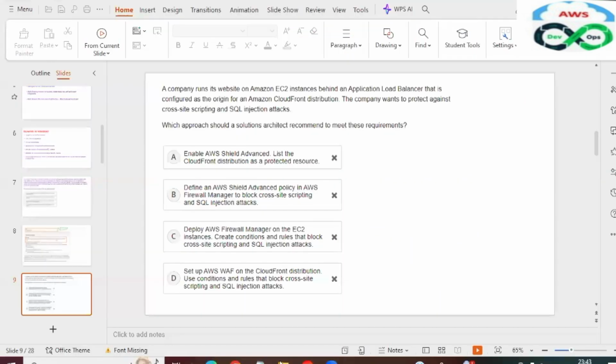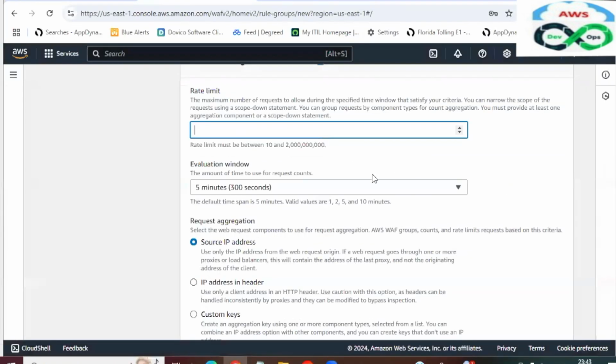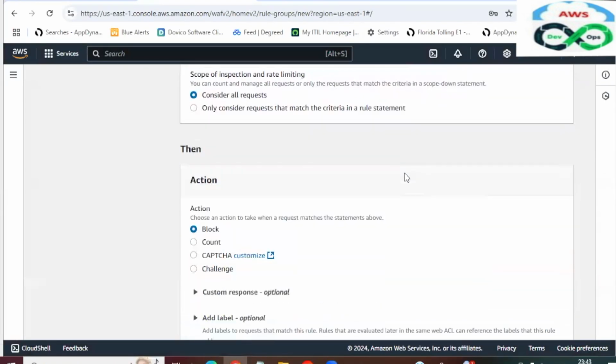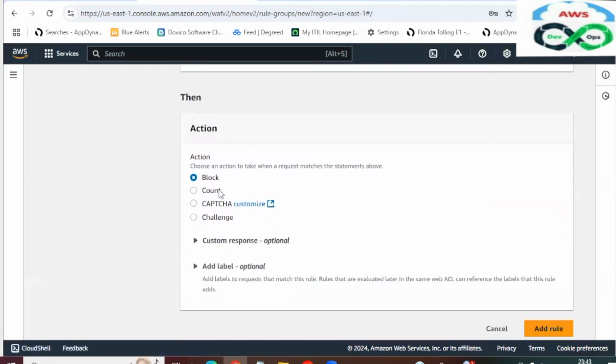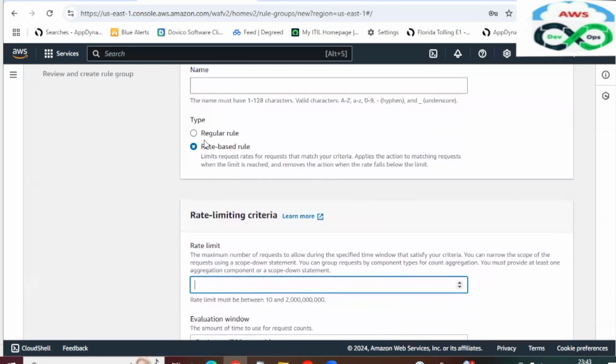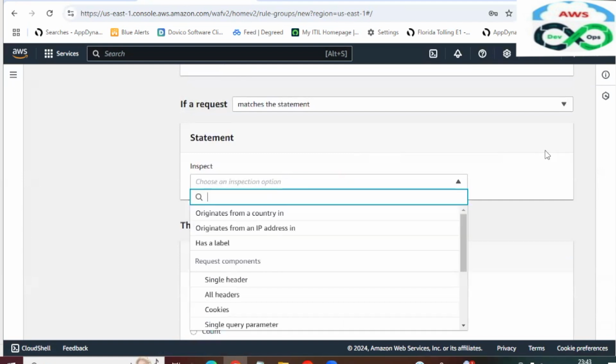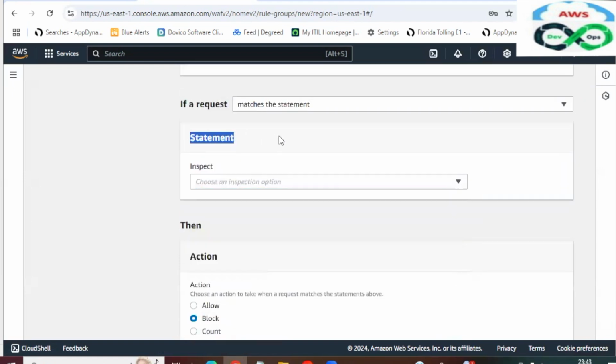I will try to show that in the console. So if I go to the WAF rule, and if you can see here in the actions, I can either count or block, right? For example, I select block here, and here maybe I'll go for a regular rule. And under inspect, you can see here we have the statement.